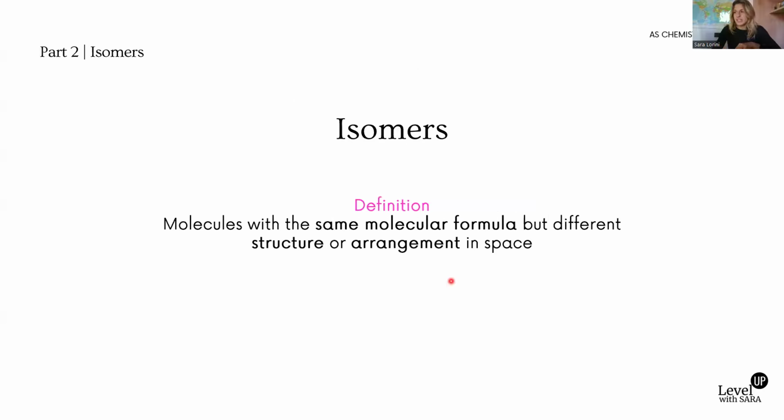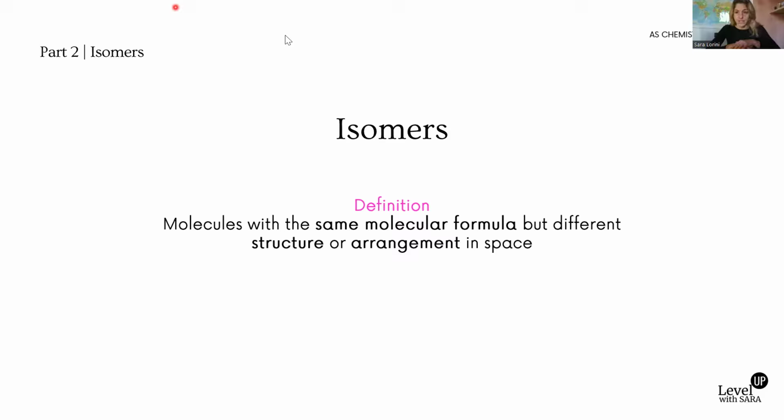Year 12 students, if you don't know exactly how to practice naming, you can combine it with practicing isomers, because doing isomers and naming together is a super nice way to combine the topic. Now, a little revision of isomers, because you will come across this in transition metals for year 13 students, and we go into more complex isomers also in year 13, which will be the optical isomers.